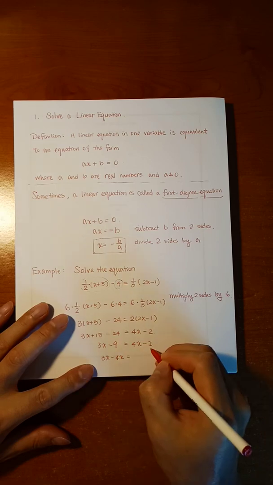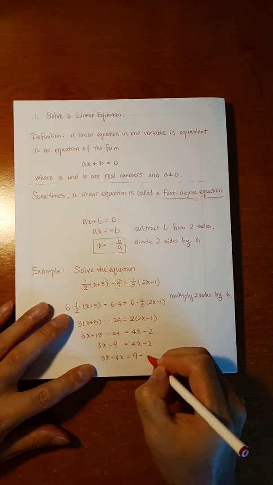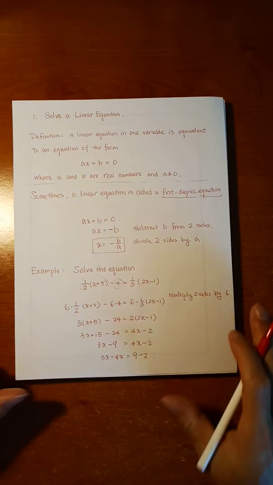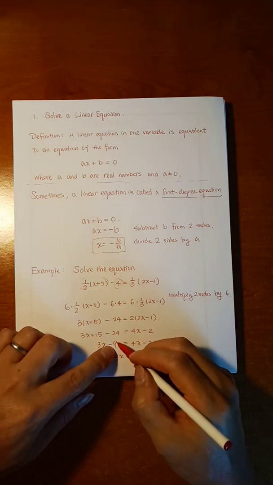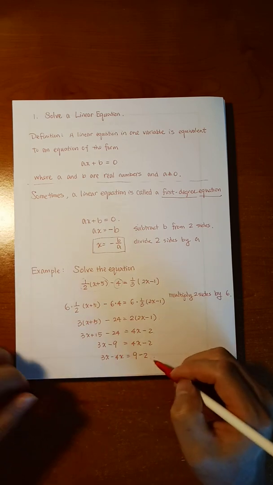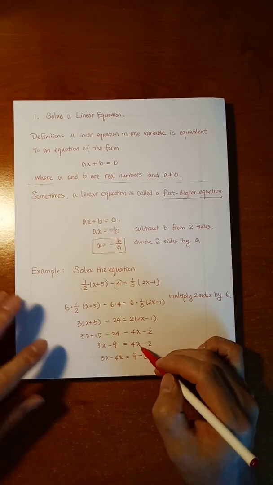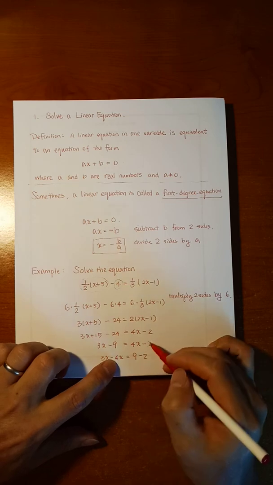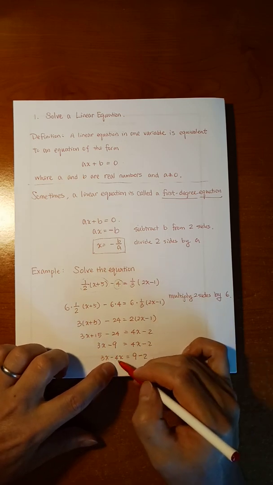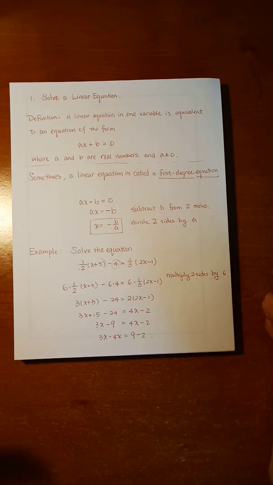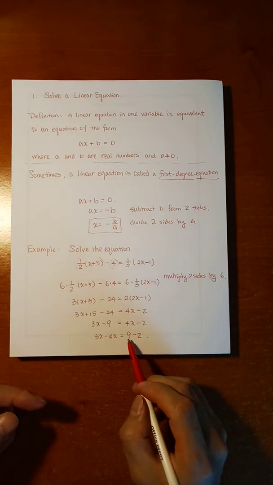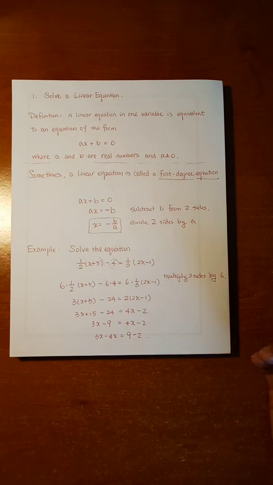Move negative 9 to the right side, it becomes plus. When you do this movement, you're really saying we add 9 to two sides. We add 9, we cancel this negative 9, and the right side will have 9. You subtract 4x from two sides, this 4x disappears, and the left side will have minus 4x. Either you say move, and you need to change the sign, or you do the subtraction or addition, respectively.